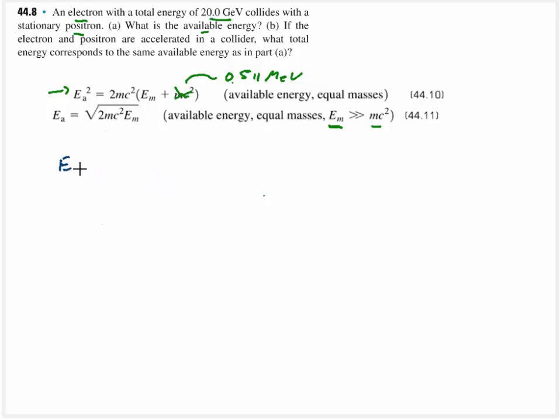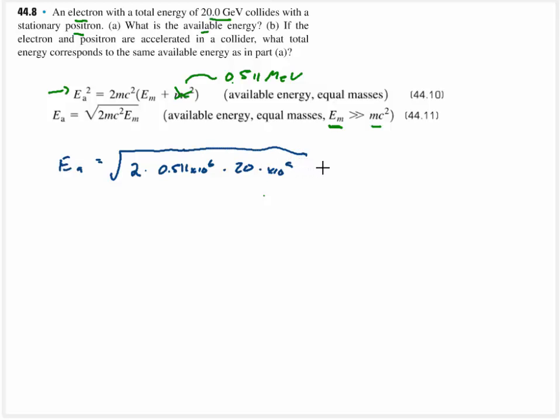So the energy that's going to be available to the system is just going to be equal to the square root of 2mc squared times E. So that's going to be 2 times 0.511 times 10 to the 6 electron volts, multiplied by the 20 times 10 to the 9th.